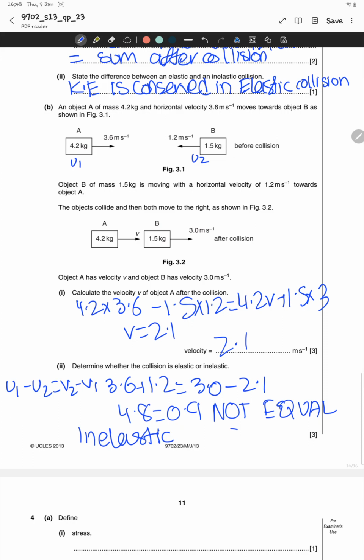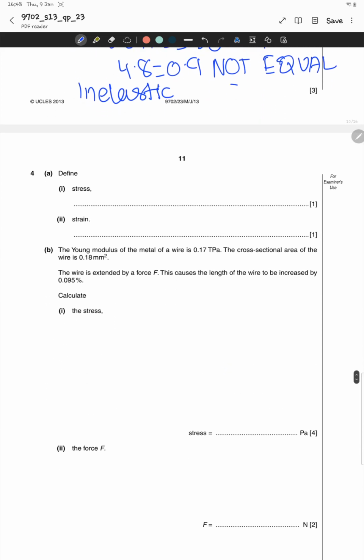And then for v2, we took u2 as B, so we have to take v2 as the velocity of B. So 3.0 minus, and because they're in the same direction, v is positive 2.1, so it's just 3.0 minus 2.1. Okay. Define stress. Stress is just force divided by area, and then strain is just extension over original length.